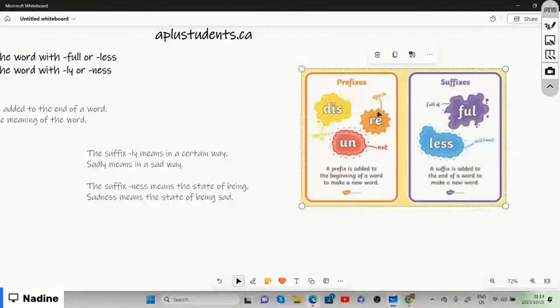So prefixes can be dis, which means opposite of, re, which means again, un, which means not. And a prefix is added to the beginning of a word to make a new word. And then we have suffixes: full is full of, and less is without. A suffix is added to the end of a word to make a new word.